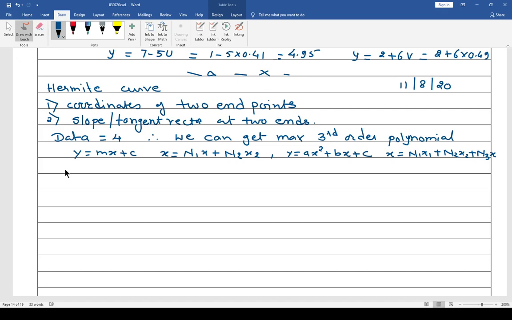Remember, in FEM we used to call this shape function or weight function or just simply a weight, and in CAD we call this a blending function.